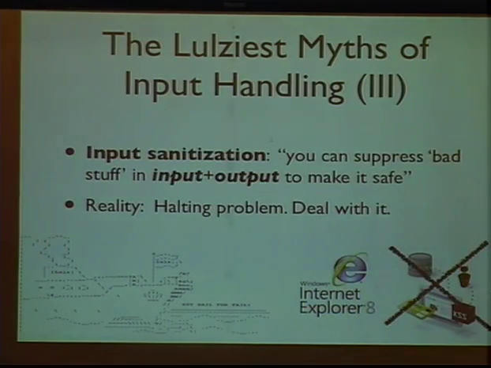All right, so where it gets even worse than this is the idea that you can just suppress bad things in both your input and your output, and that'll be just fine. So the problem here is that the Python user guide, believe it or not, has a great phrase for this. It's called changing horses midstream.